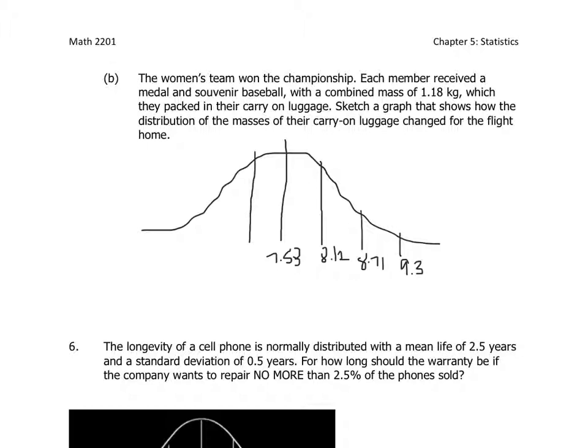And then below would be 7.53 minus 0.59, minus 0.59, and minus 0.59, to be 5.76.